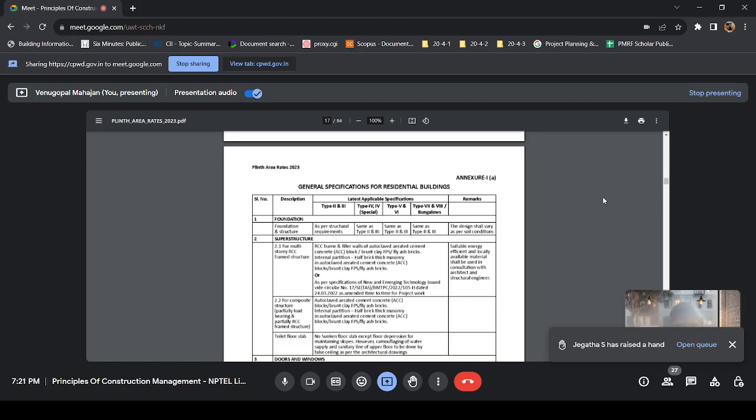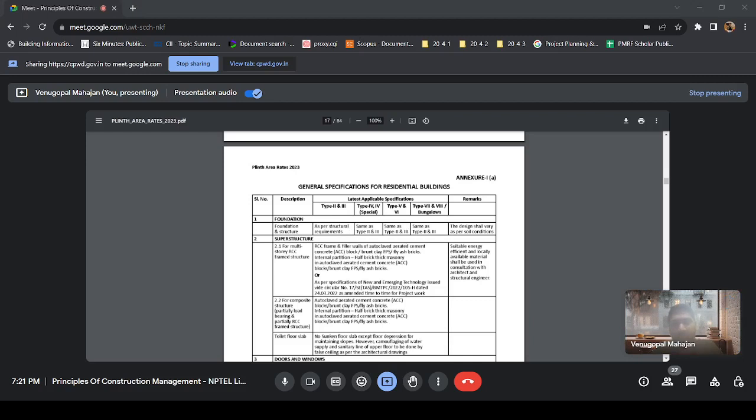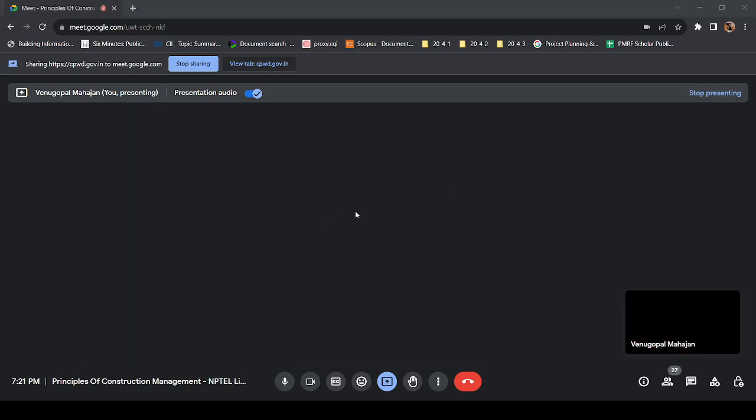Yes, sir. What is happening is that when you fix some plinth area specific, it falls into different types. As you can see here, for a residential building, suppose it falls into type 2 quarters.